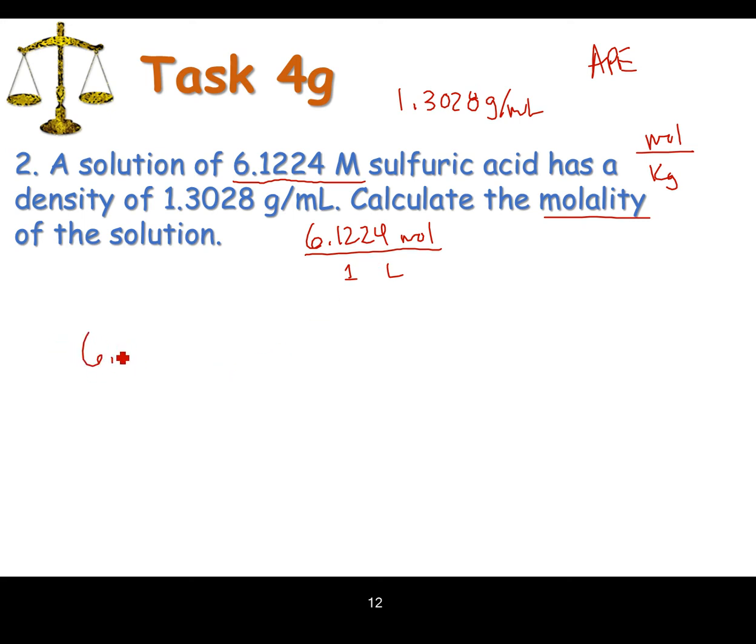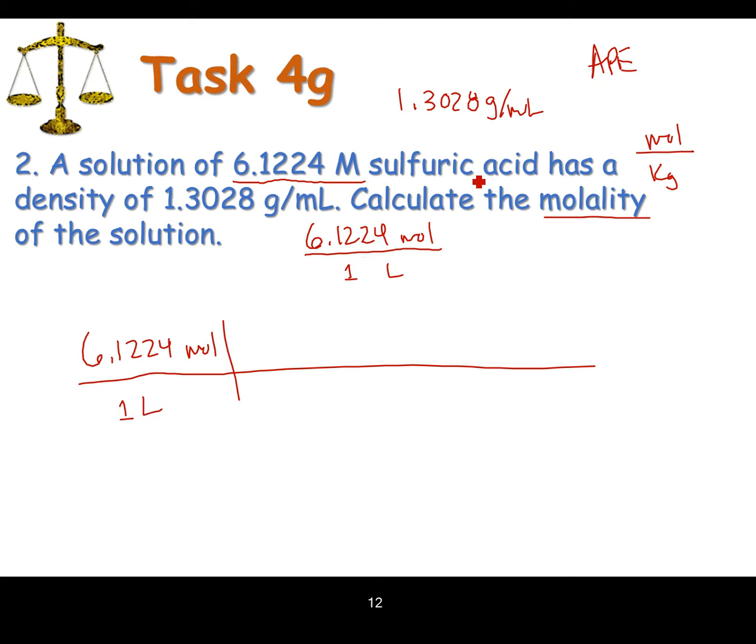We'll have 6.1224 moles on top, and 1 liter on bottom. We don't want to mess with moles, but we do want to get the bottom portion to be kilograms of solvent.